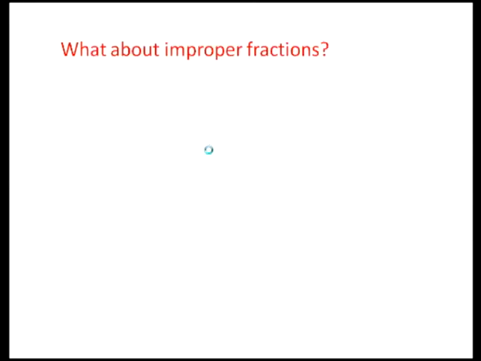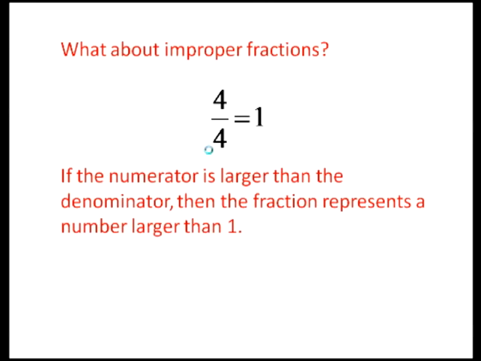All right. What about these improper fractions? In the last video, I was talking about when you have a numerator that's larger than the denominator. Well, it still works the exact same way. Just like 4 over 4 is still 4 divided by 4, 5/4 is just 5 divided by 4. Same thing. So it's 1.25.